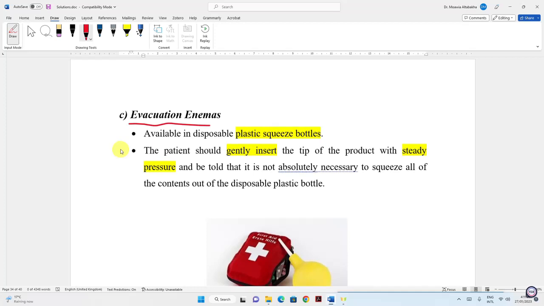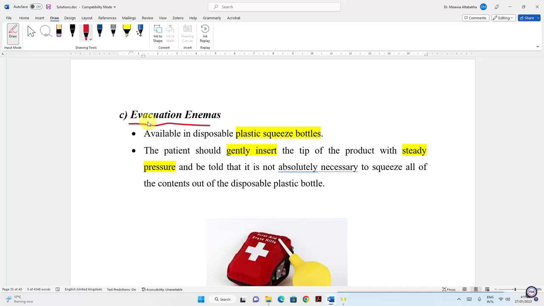Usually the retention enema contains only a few ml. Opposite to that, we have evacuation enema. Evacuation enema is when we want to clean the colon, we want to clean the rectum, maybe for examination, or maybe because the patient is having constipation.